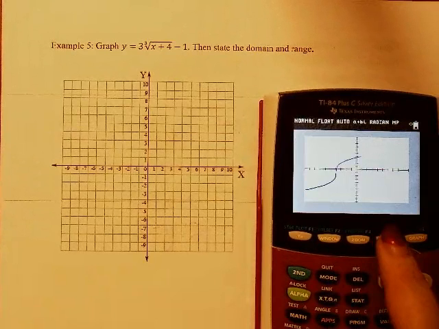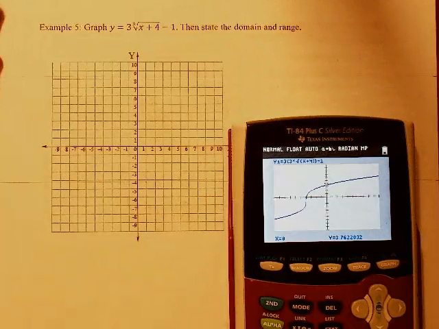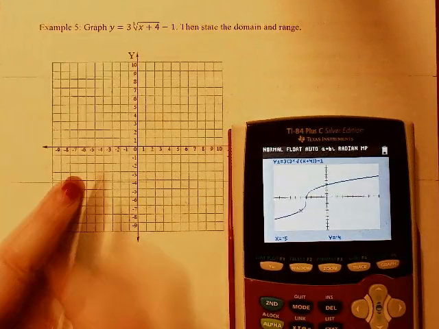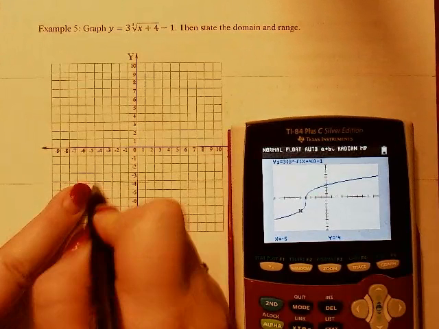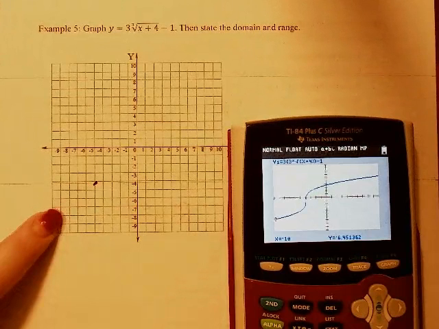Okay, then I'm going to trace. And I'm going to try to find numbers that are pretty. So, start at -9. Nope. -8. Nope. -7, -6, -5. Okay, so -5 is at -4. Okay, and -10 is somewhere down here.